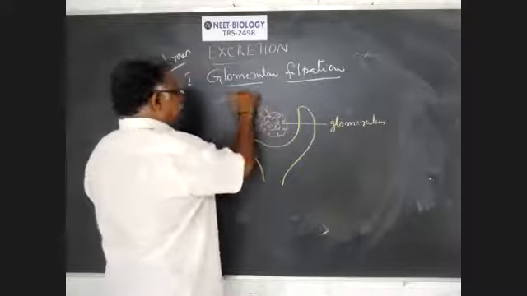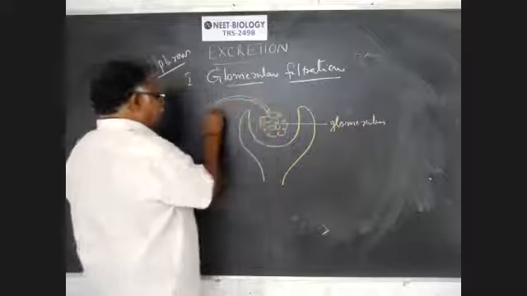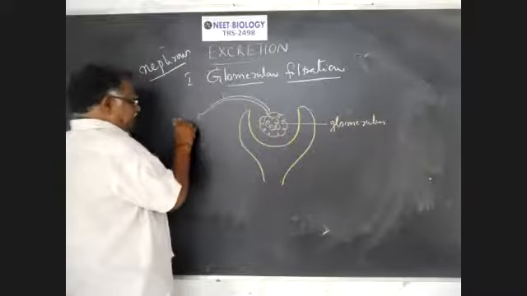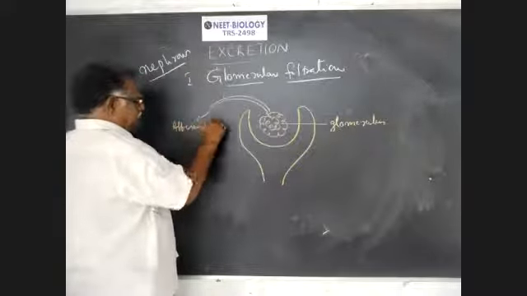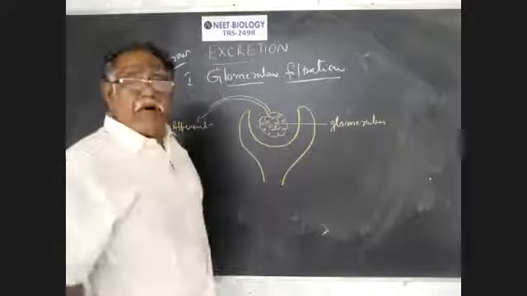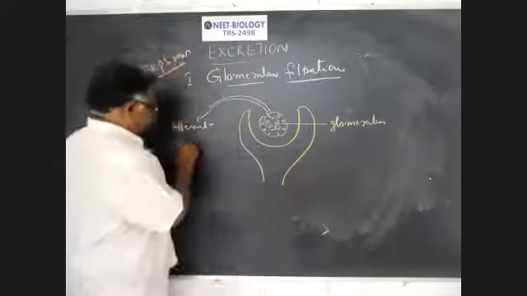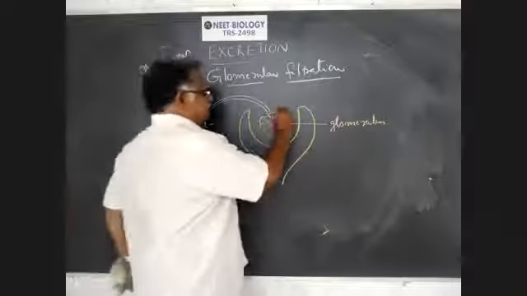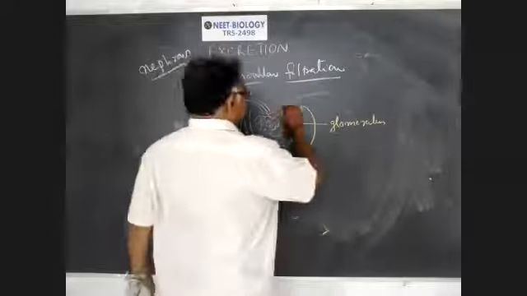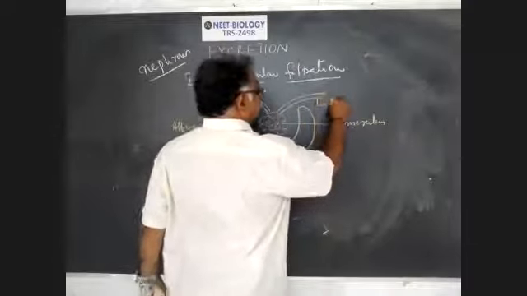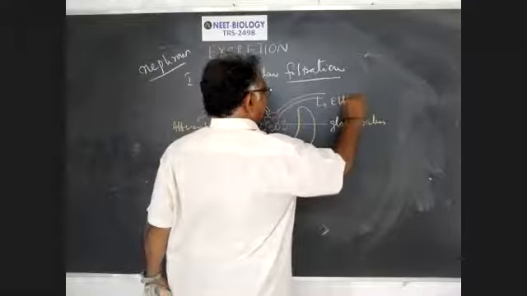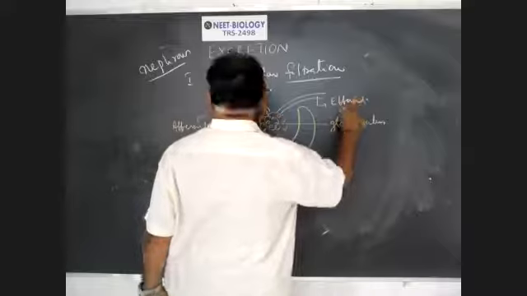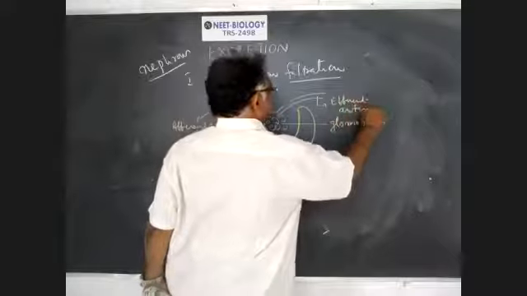A blood vessel supplies blood, what is called afferent arteriole. Another blood vessel collects blood, what is called efferent arteriole.